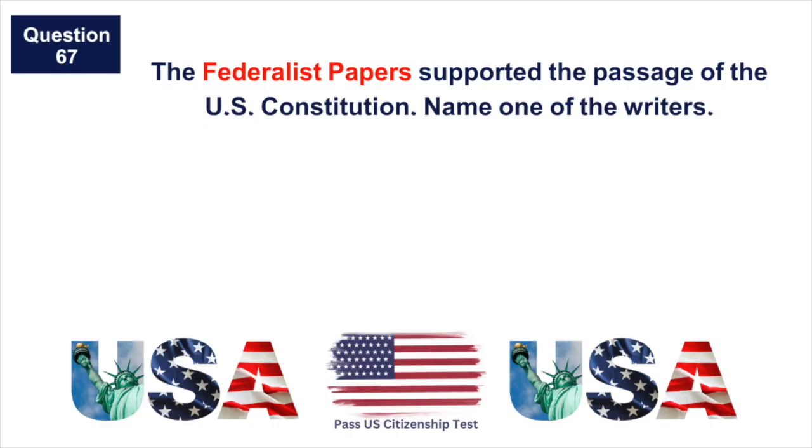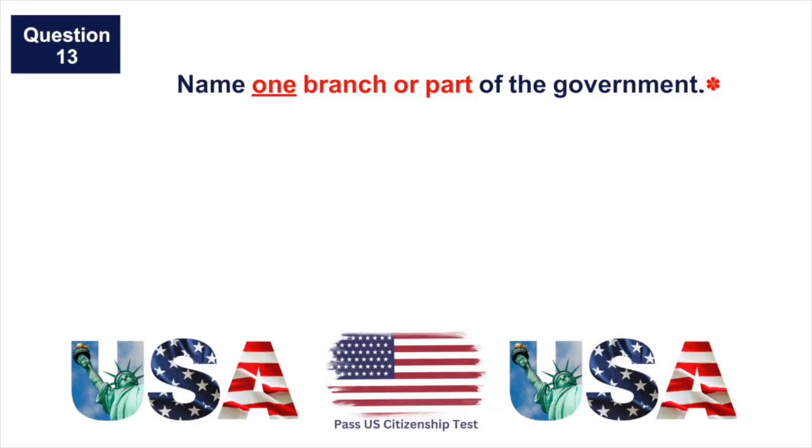Name one of the writers. James Madison. Name one branch or part of the government. Congress.